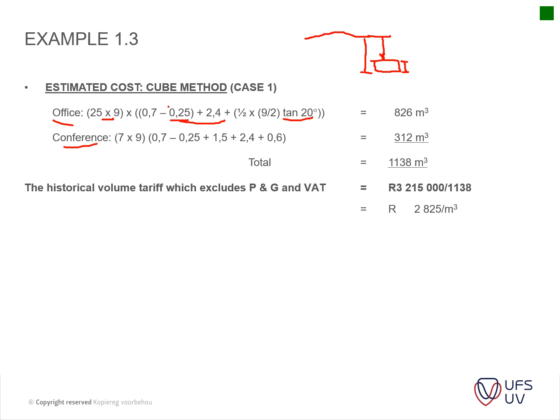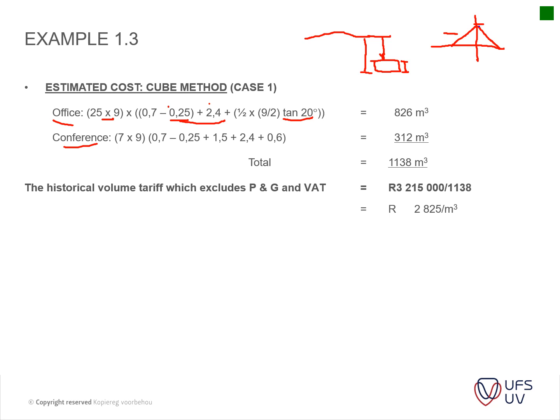Then you add the top of your ceiling heights, and what you need to calculate now is the middle of your roof height. Basically, you want to calculate the total height, which is there. I'm just going to use blue.